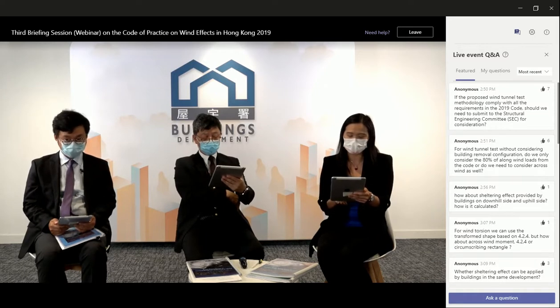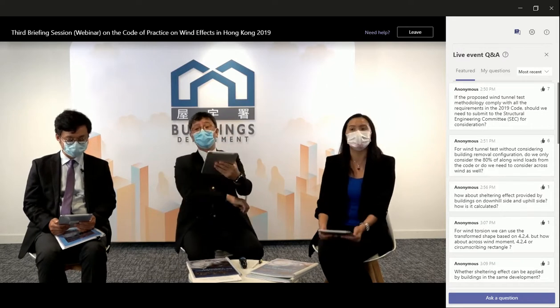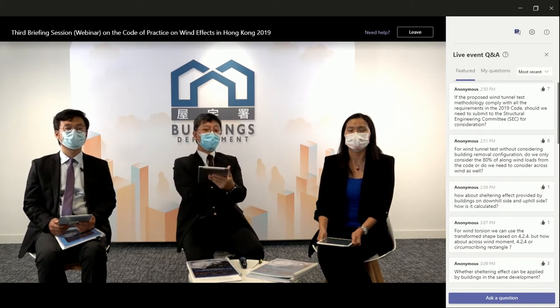Do we need to consider wind loads in diagonal directions, such as UV? So may I invite Alexis to answer this question? I think this is in the new code. This has been simplified in a way that in the old code, you needed to calculate the two orthogonal direction forces and also the two diagonal direction forces.